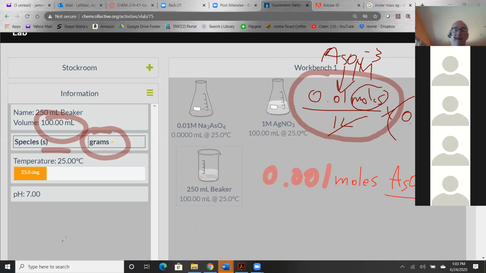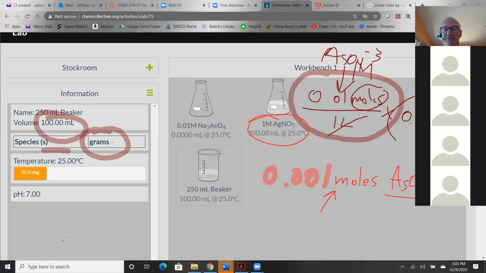Now, we need to calculate what volume of silver nitrate we need to add in order to react with this much arsenate. Now remember, we have to go back to our original reaction. Isn't it 3 times? You're way ahead of me. Excellent.